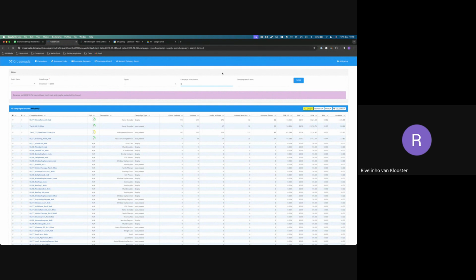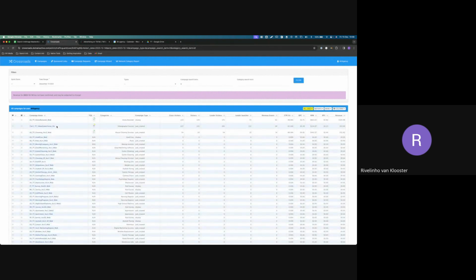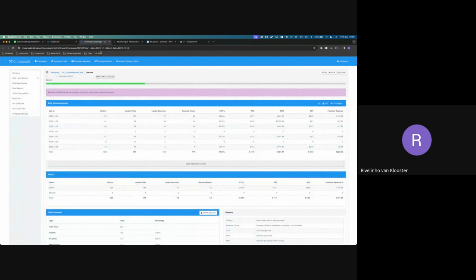Normally I just put in TikTok here, and then it filters all the TikTok campaigns. We know that home remodel was the one that was working. You can see it's quite volatile, right? I pause it and I restart it again. For some reason, it looks pretty good right now. Yeah, it's such a tricky one, this.